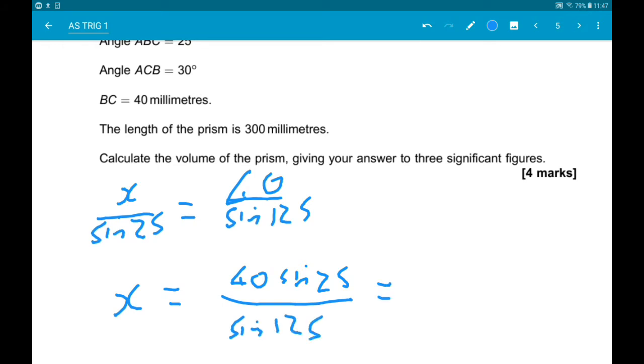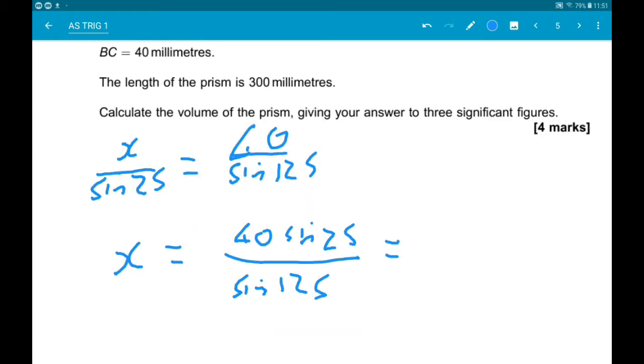Now the question wants our final answer to 3 sig figs. So anywhere before that, I would always go one step further. So 4 sig figs. So we get then that x is 20.64 millimeters.